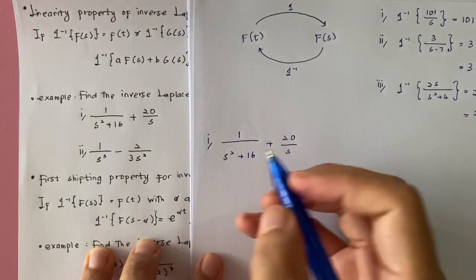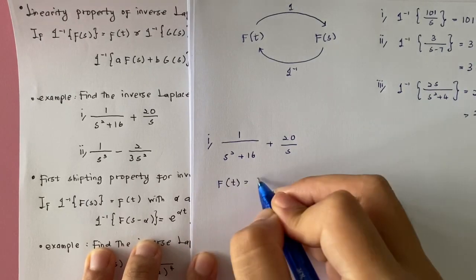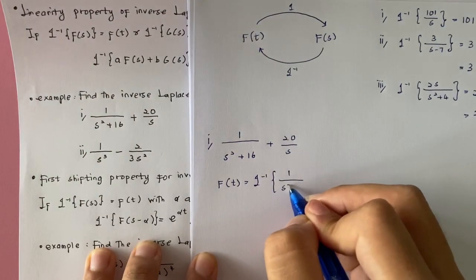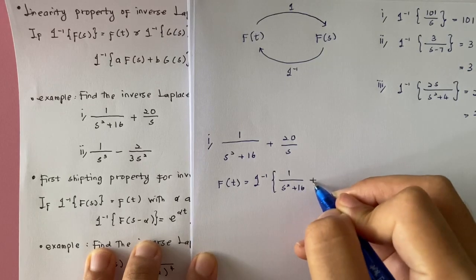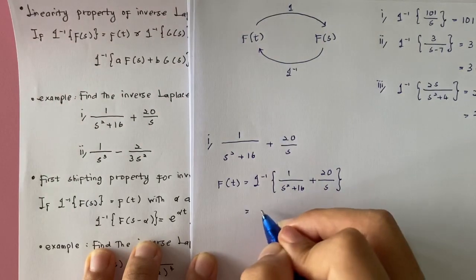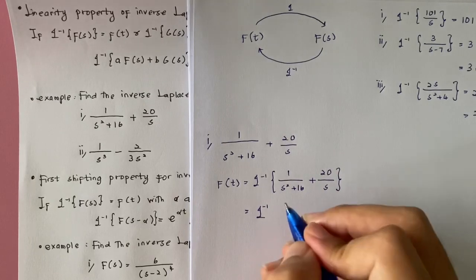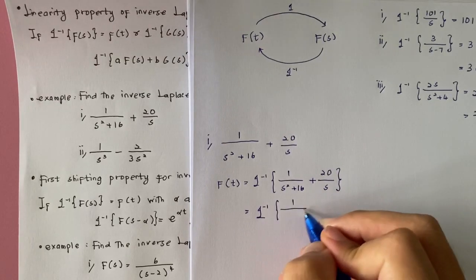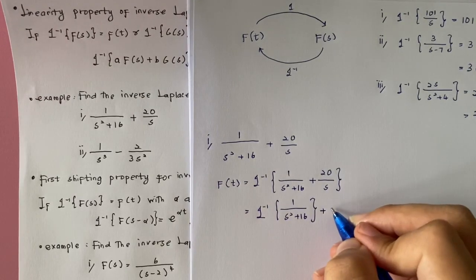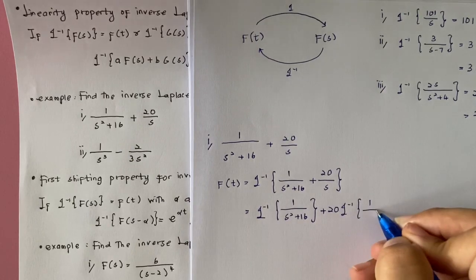We try to find the f(t), the inverse Laplace of 1 over s squared plus 16 plus 20 over s. Using the linearity property, this is inverse Laplace of 1 over s squared plus 16, plus 20 times inverse Laplace of 1 over s.